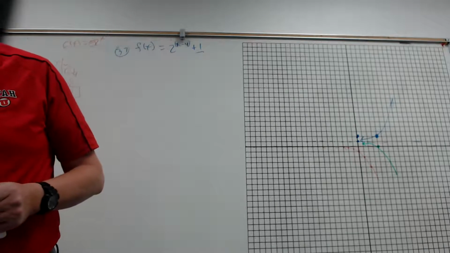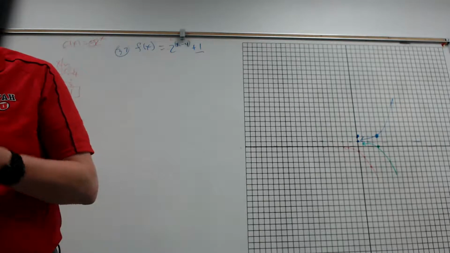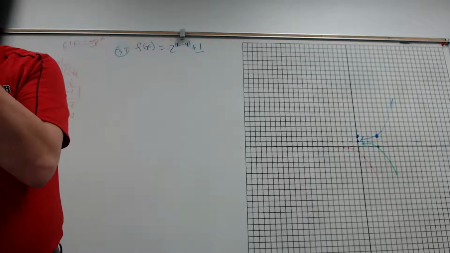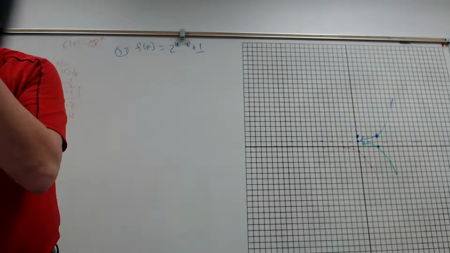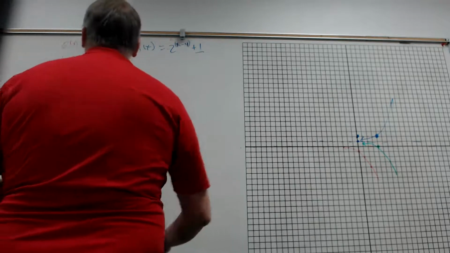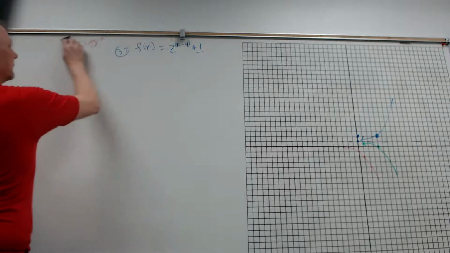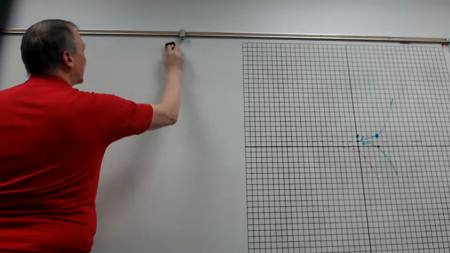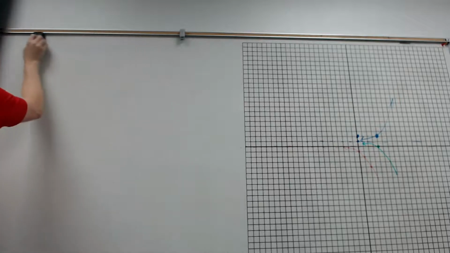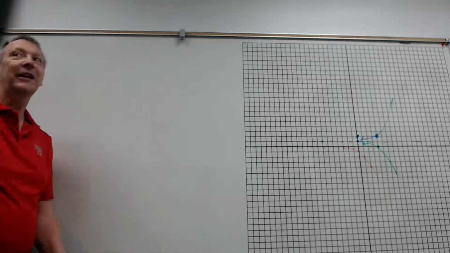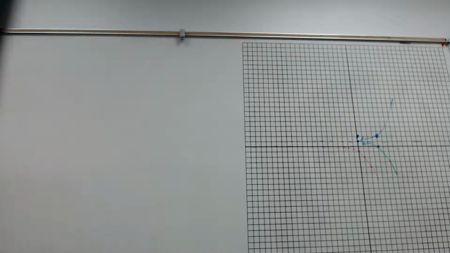All right, so we're going to talk about the most common exponential function that you will see in your, I don't want to say your daily life. You're probably only going to think about this when you get a mortgage or a car loan.